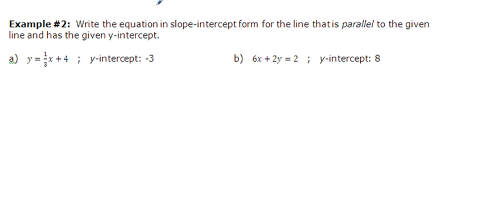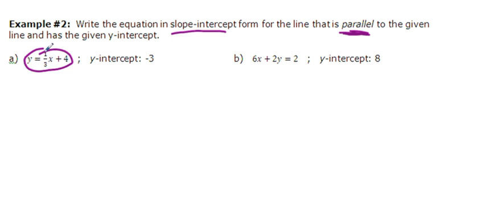So that's if you have lines already and you want to see if they're parallel, perpendicular, or neither. If we're writing equations of lines, this one says write the equation in slope-intercept form for the line that's parallel to the given line and has the given y-intercept. So the line that I want to write the equation of is parallel to this line. Well, I know that parallel lines have the same slope.